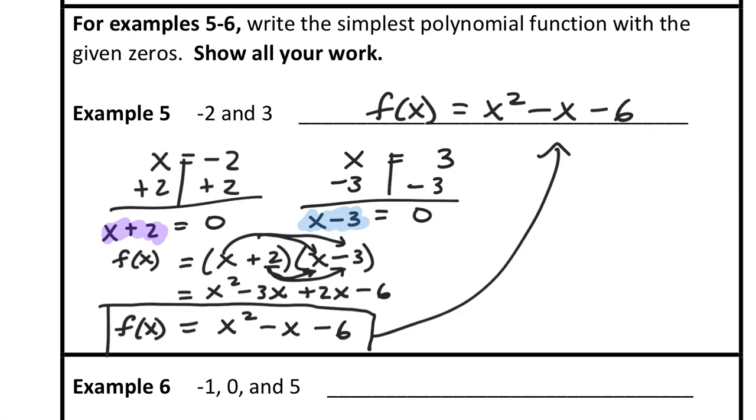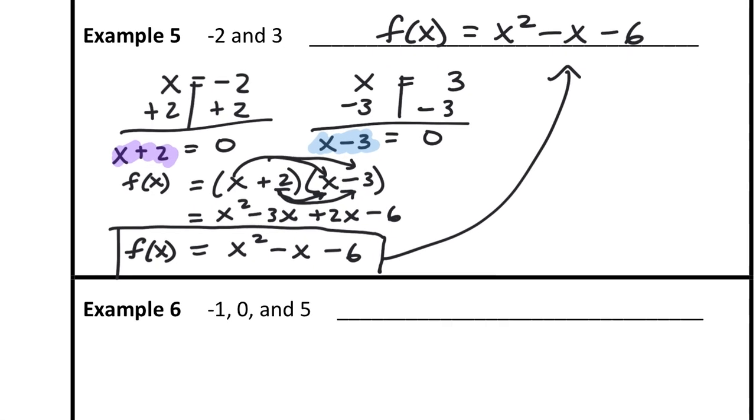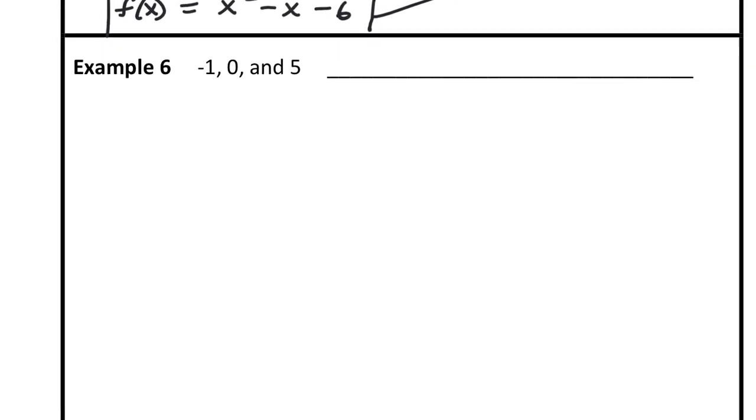Okay. Example 6, kind of the same idea again. So we have x equals negative 1, x equals 0, x equals 5. The opposite of subtracting 1 is adding 1.